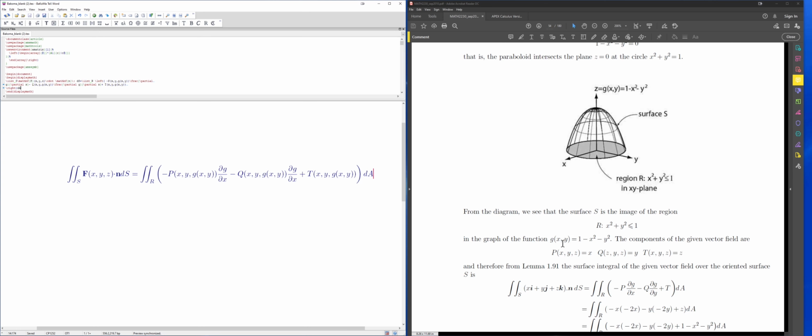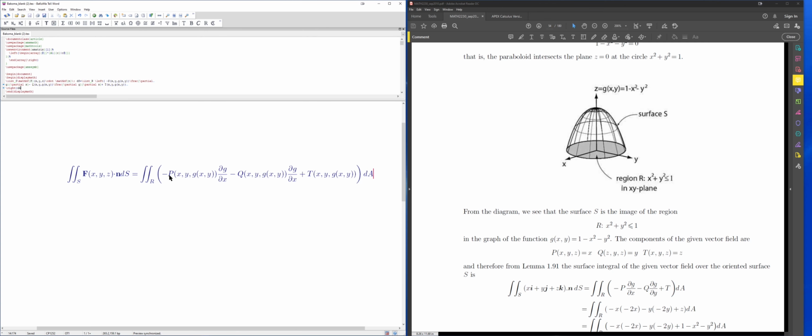The g of xy is 1 minus x squared minus y squared, so the derivative of g with respect to x gives me minus 2x, which is this over here. For dg/dy, I differentiate g partially with respect to y, so I get minus 2y, which is this minus 2y over here.